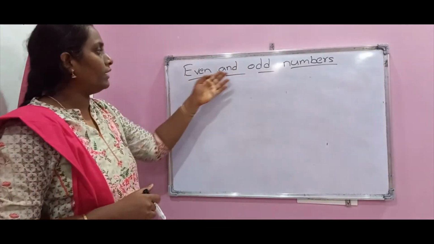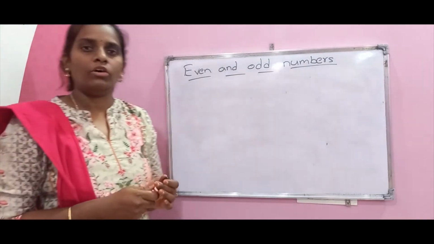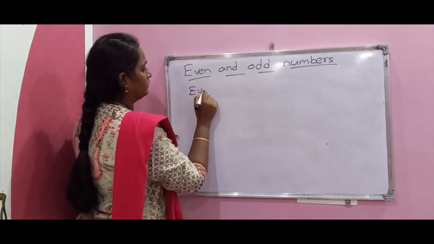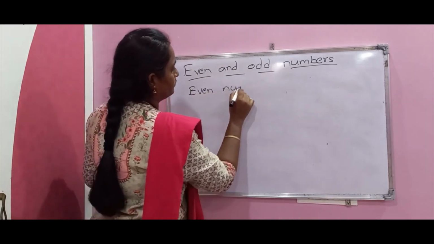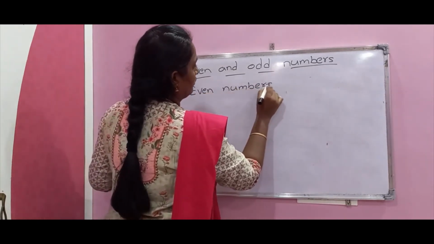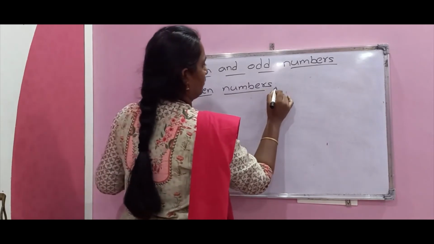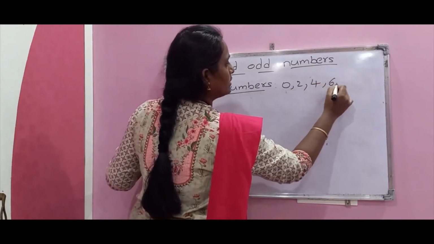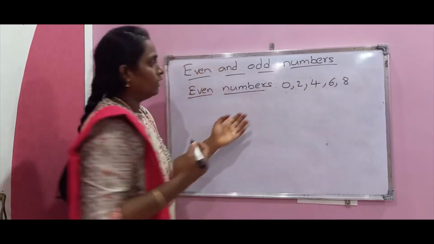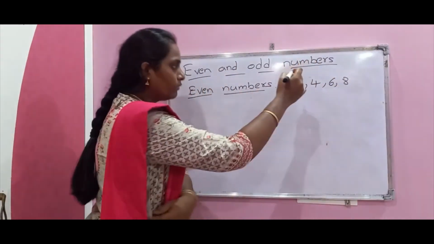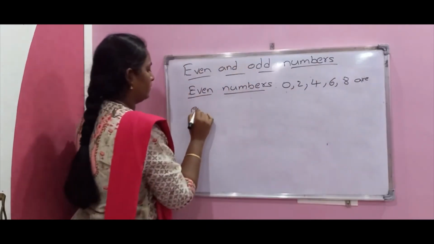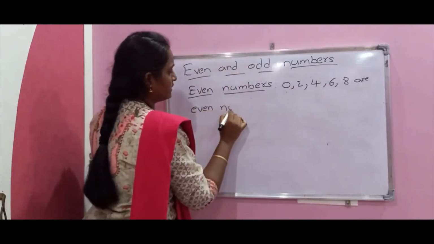Now, even and odd numbers. We know already, even and odd numbers. What are the even numbers? 0, 2, 4, 6, 8 are even numbers.